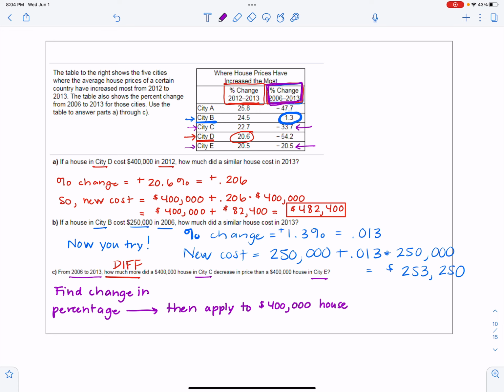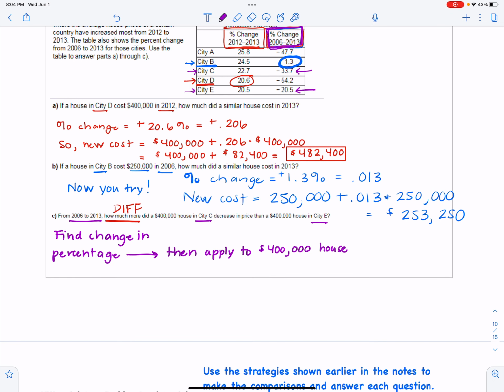So what I'm looking at here in terms of the percent change for each one of them, for city C, the percent change was 33.7%, and it was negative. So that was a decrease that we're talking about there.